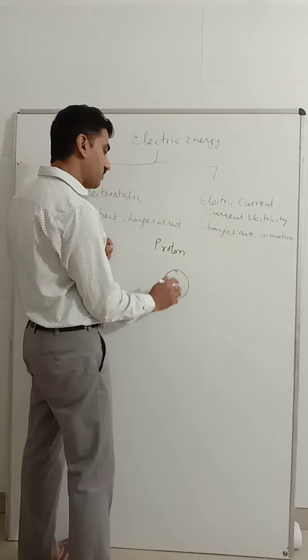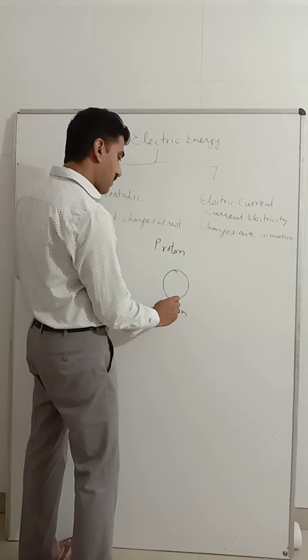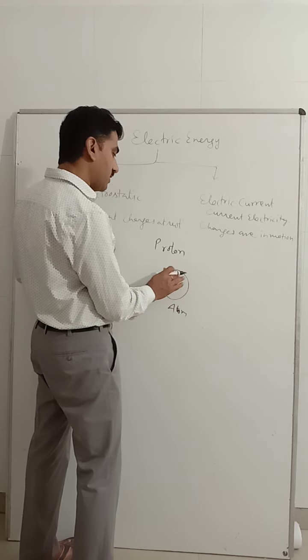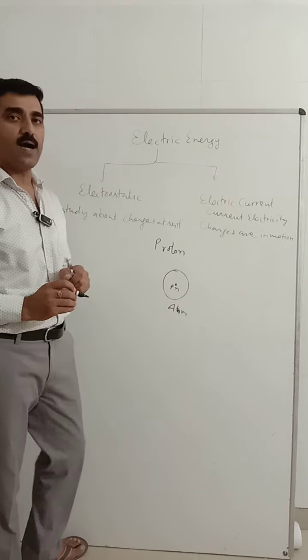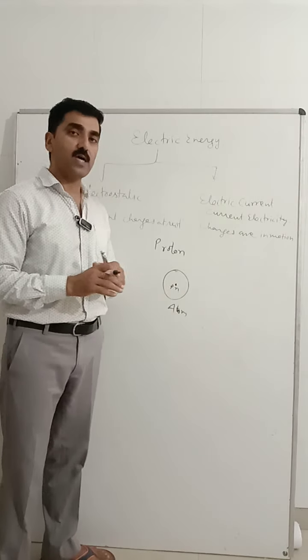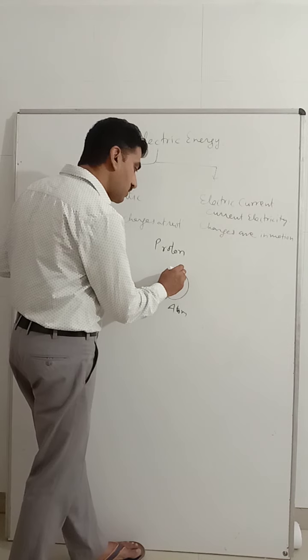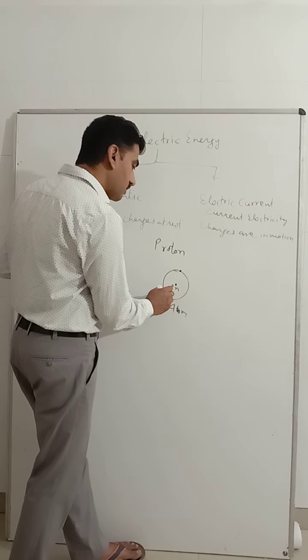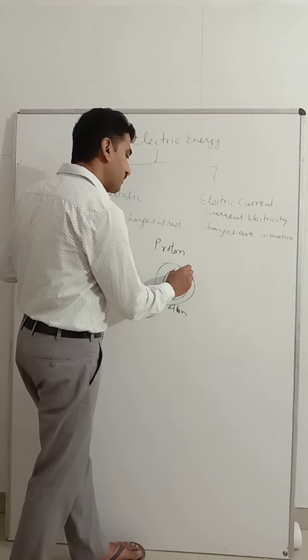Suppose this is your atom, and at the center of the nucleus only protons and neutrons are residing. Protons are positively charged particles and neutrons are neutral. There is no charge. And electrons are revolving in the shells and subshells outside.